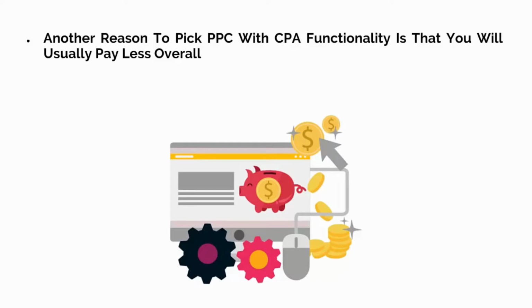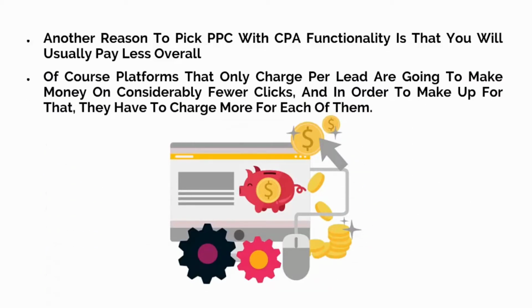Another reason to pick PPC with CPA functionality is that you'll usually pay less overall. Of course, platforms that only charge per lead are going to make money on considerably fewer clicks, and in order to make up for that, they have to charge more for each of them.